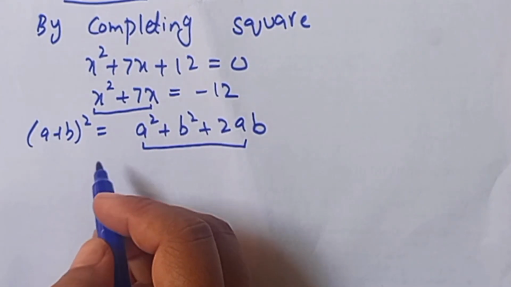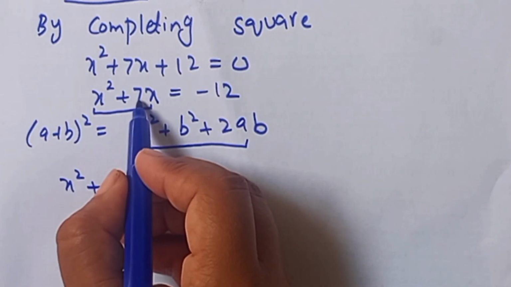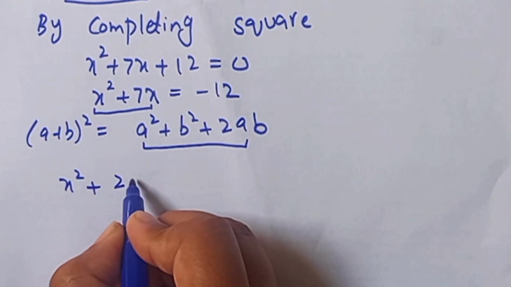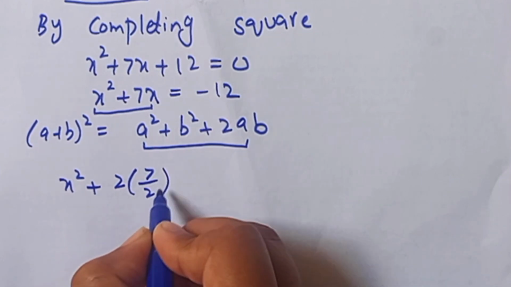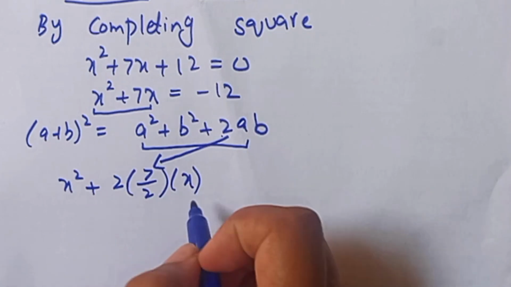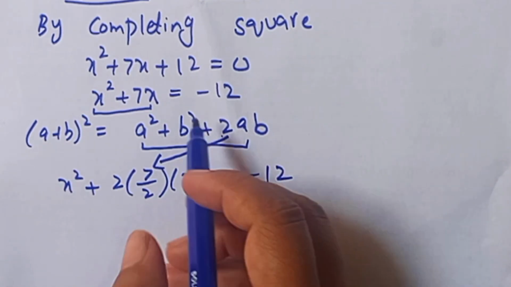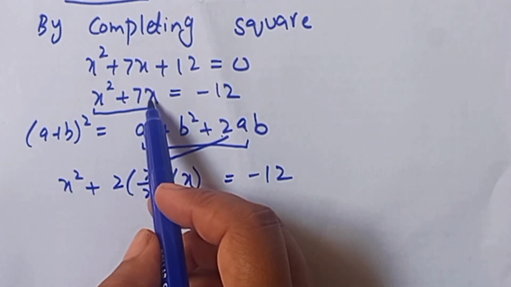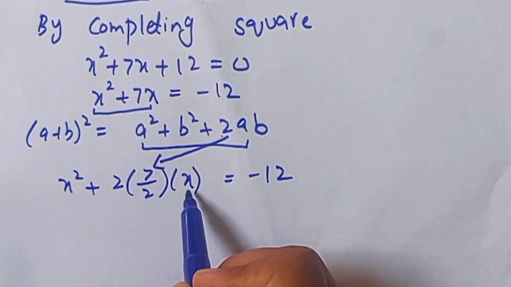So this is x square plus, we write this 7 times x as 2 multiplied by 7 over 2 and x, to match this 2ab. It's equal to minus 12. In this step, we just write this 7 times x as 2 into 7 over 2 multiplied by x.